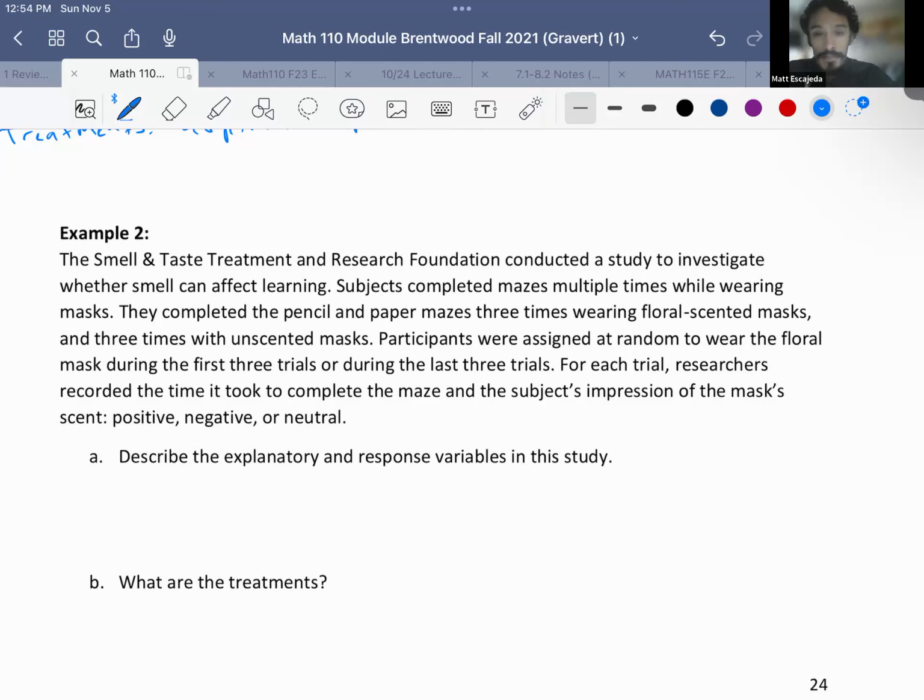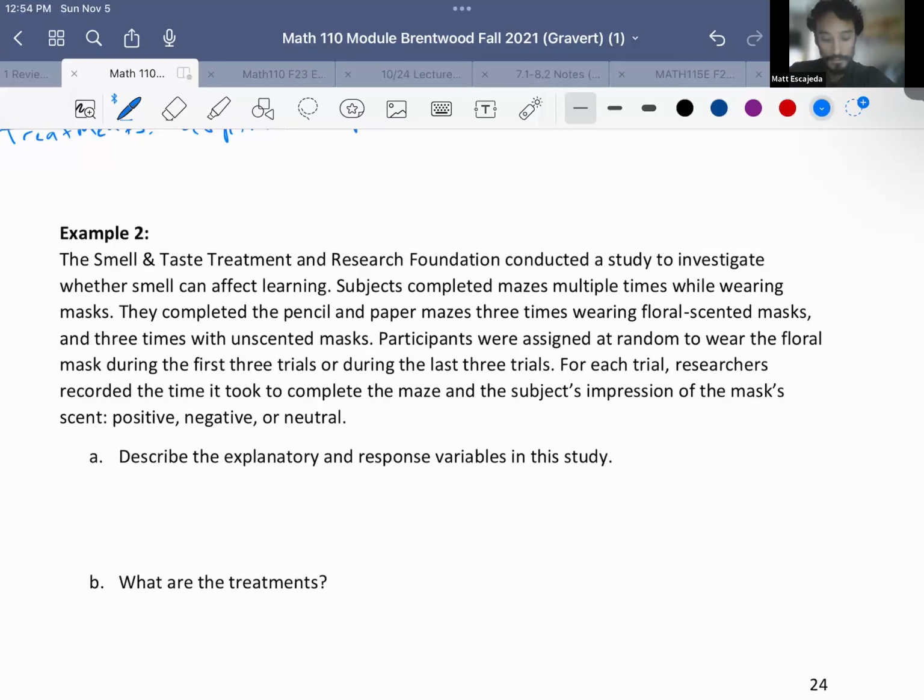Subjects completed mazes multiple times while wearing masks. They completed the pencil and paper mazes 3 times wearing floral scented masks and 3 times with unscented masks. Participants were assigned at random to wear the floral mask during the first 3 trials or during the last 3 trials. For each trial, researchers recorded the time it took to complete the maze and the subject's impression of the mask scent: positive, negative, or neutral.